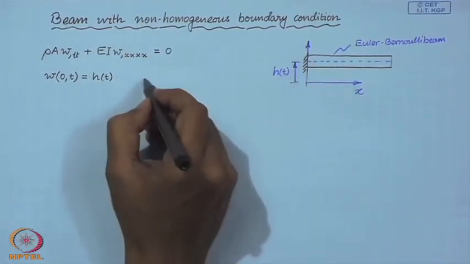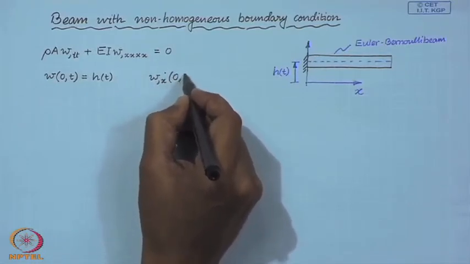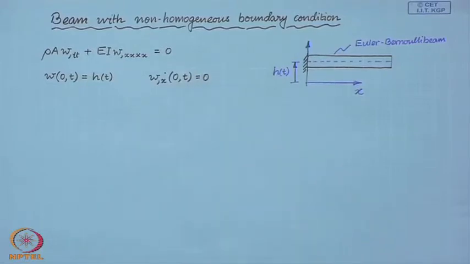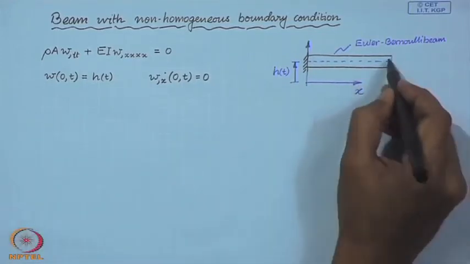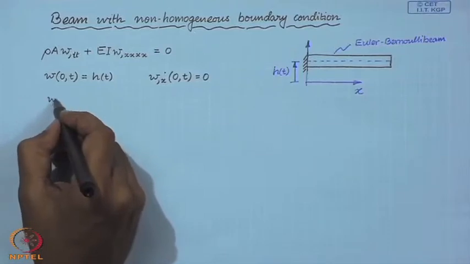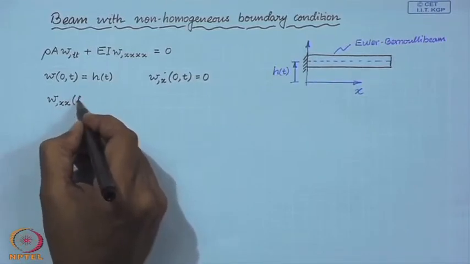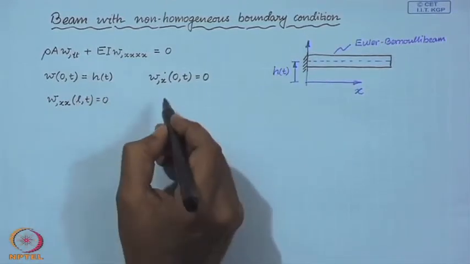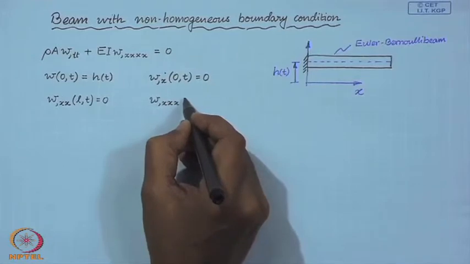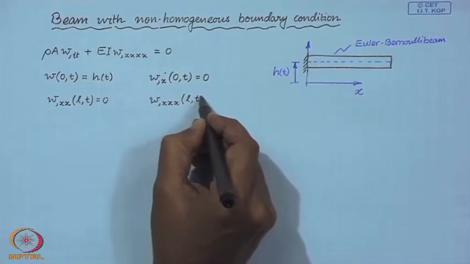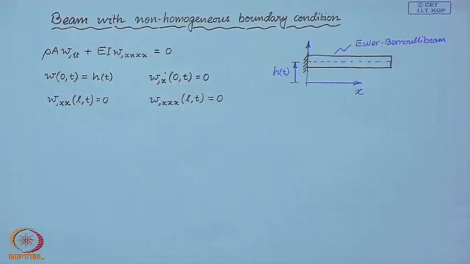At x equal to 0, we also have this condition that the slope is 0, whereas for the free end we have the bending moment as 0 and the shear force is 0.